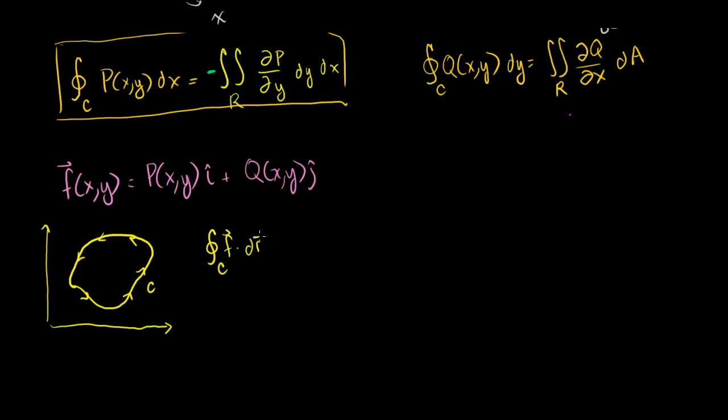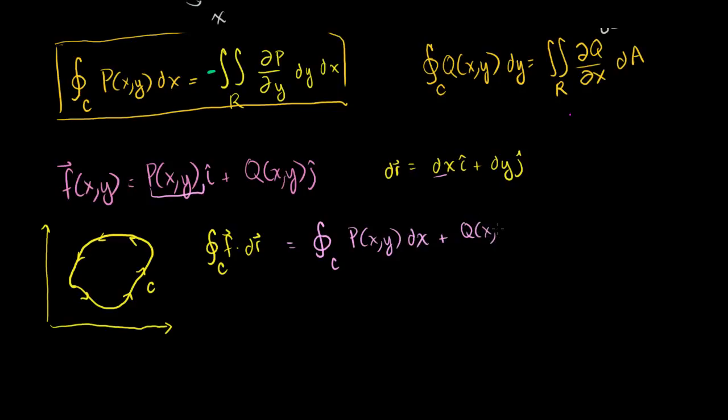And we've seen it multiple times. dr is equal to dx times i plus dy times j. So this line integral can be rewritten as the line integral around the path C of F dot dr, that's going to be this term times dx, so P of x,y times dx, plus this term, Q of x,y times dy.